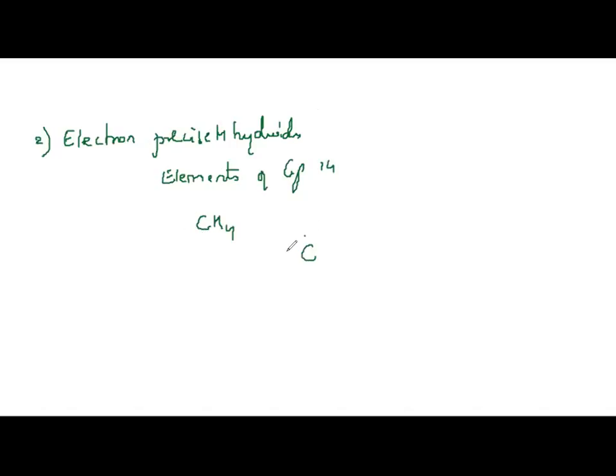Carbon has 4 valence electrons, and each hydrogen will share one electron, and therefore the duplet of hydrogen is satisfied everywhere, and the octet of carbon is also satisfied. You can see here, they are electron precise.